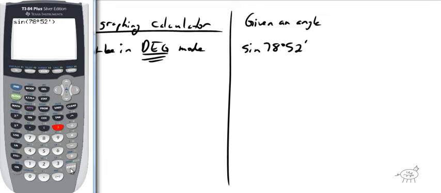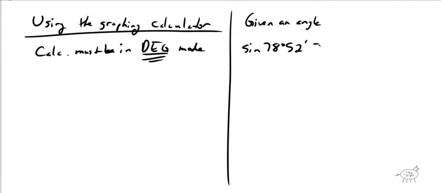Hit enter, and I'm going to round it to 4 decimal places, so it's equal to 0.9812.